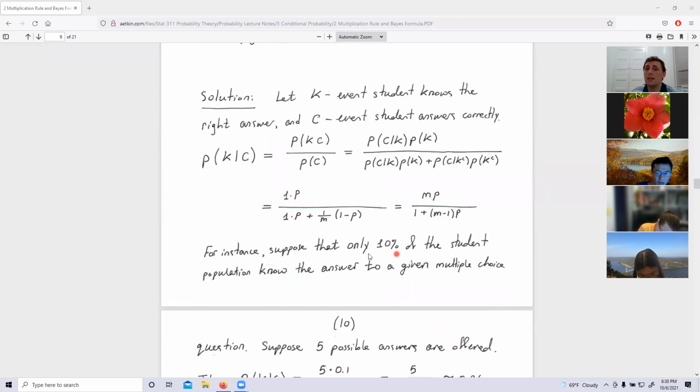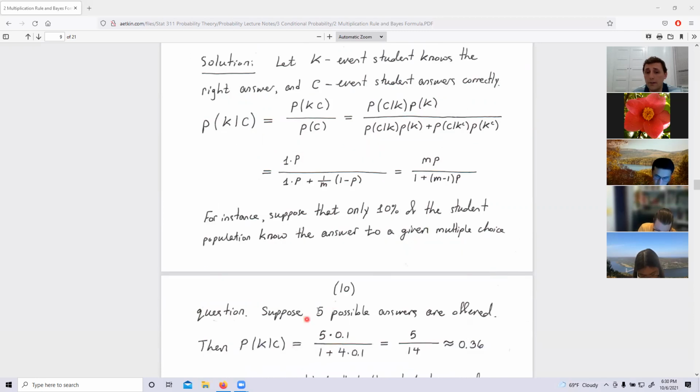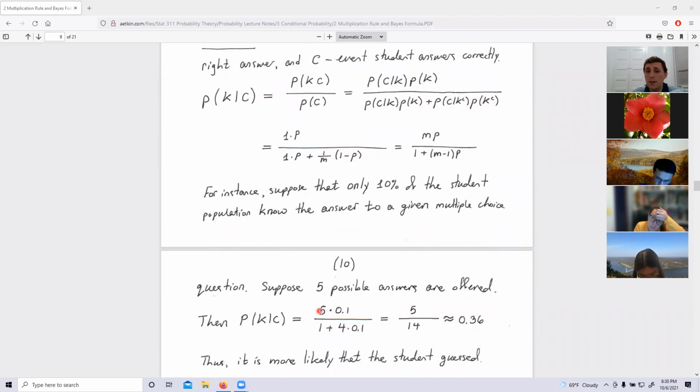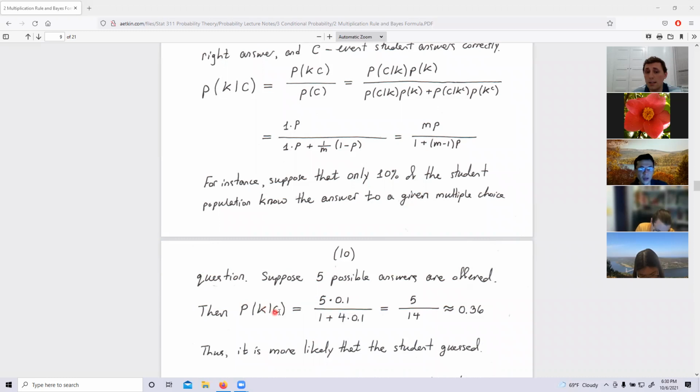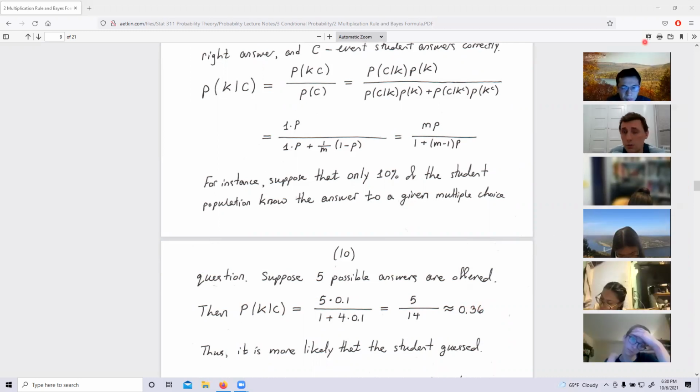For instance, if we know that 10% of the student population knows the answer to a given problem, and there are 5 multiple choices, the probability that the person knows the answer, given that the answer is correct, is just 36%. So it's actually low, you see.